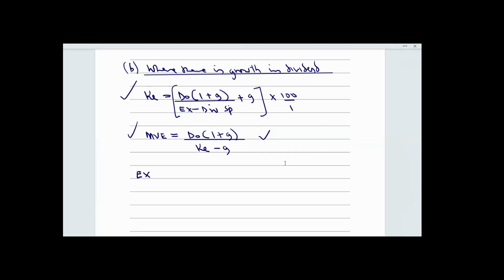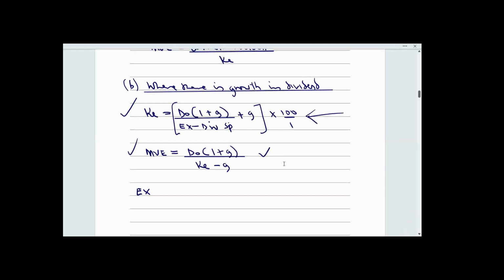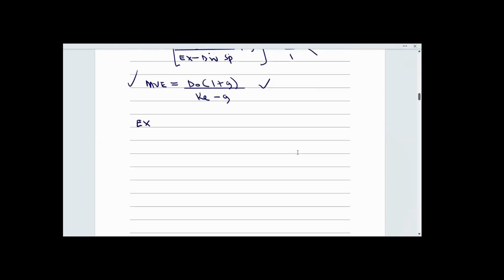This formula will be used to calculate cost of equity when dividend is growing. What do I mean by dividend is growing, or there's growth in dividend payments? Say, for example, you have year 1, year 2, year 3.